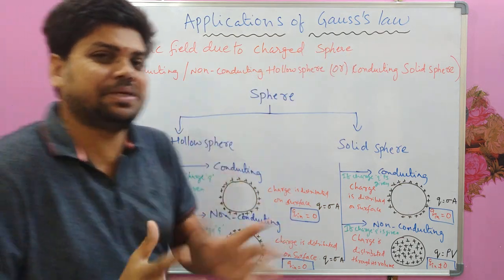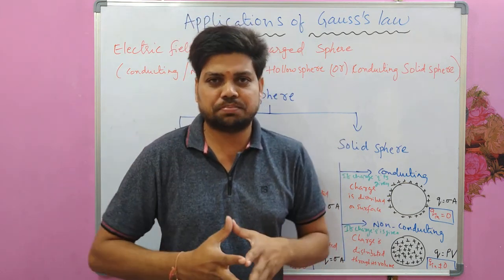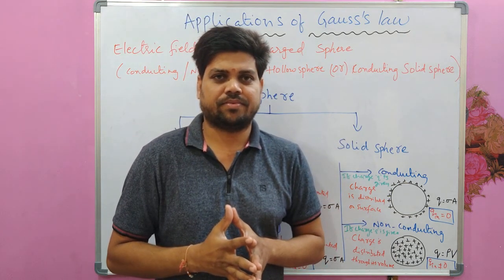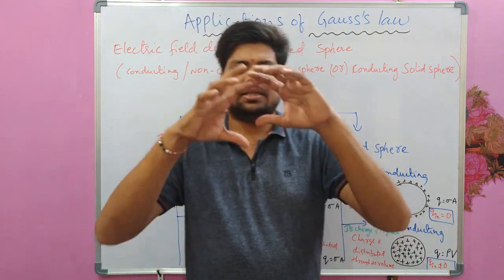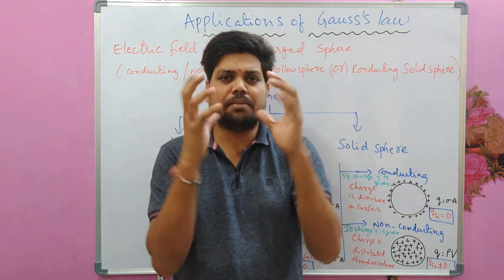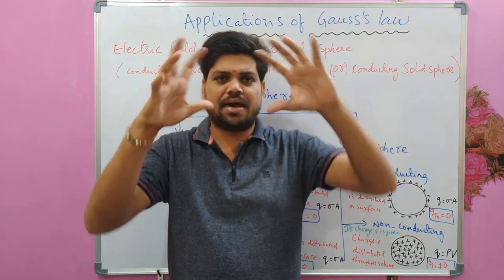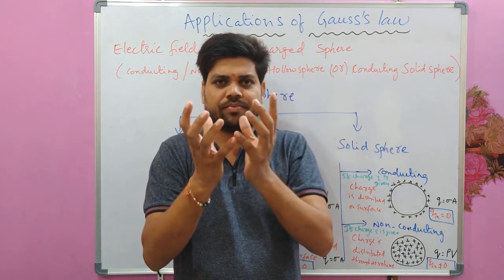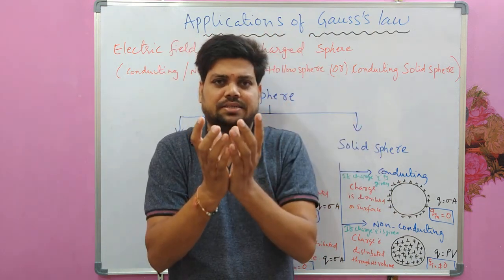But a sphere can be a hollow sphere or a solid sphere. Hollow sphere means what? There is nothing inside. There is no matter inside. It's empty. You can imagine it like a volleyball. Maybe air is there, but you can imagine like that.